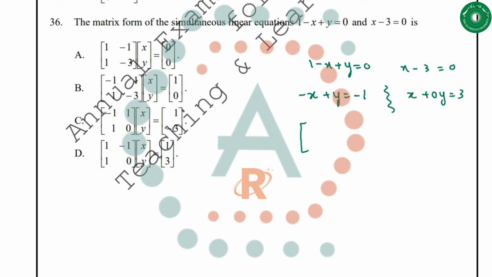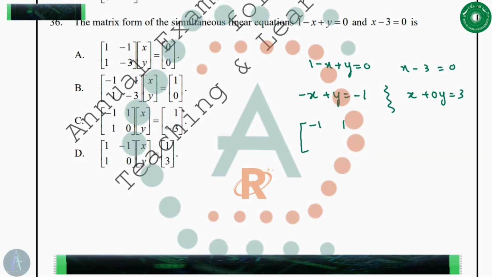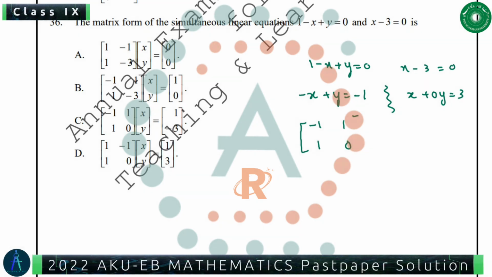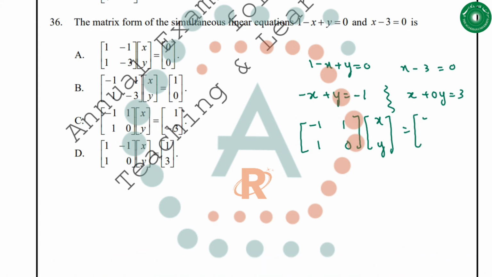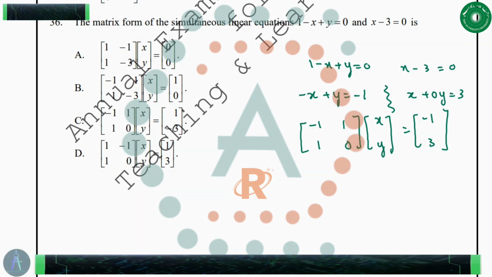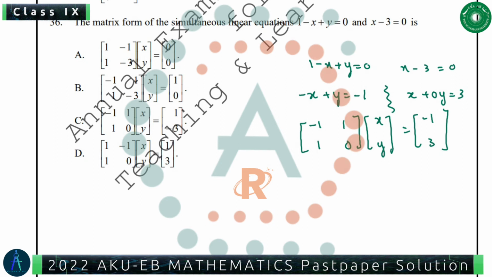So matrix equation form करेंगे तो we get minus 1 and 1, similarly 1 and 0. First matrix में हमने x और y के coefficients लिख दिए, second matrix में x y variables आ जाएंगे, then हमारे पास आ जाएगा minus 1 and 3. So this is the matrix form of these algebraic equations in question number 36. So the correct answer is option D.